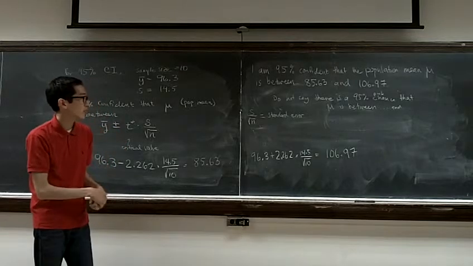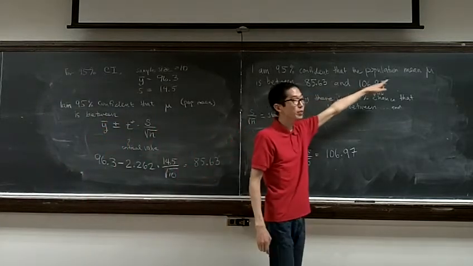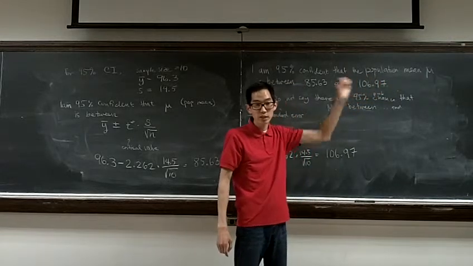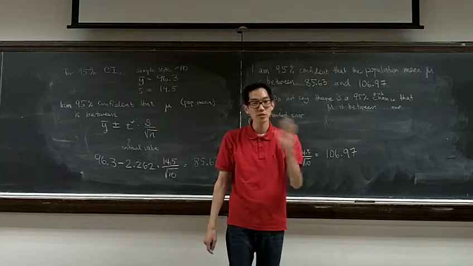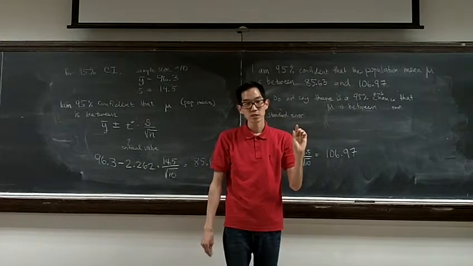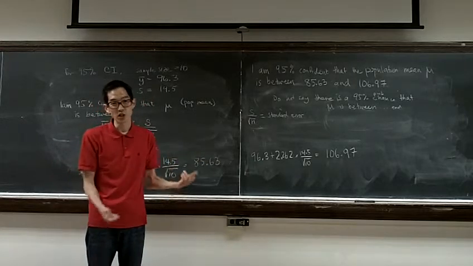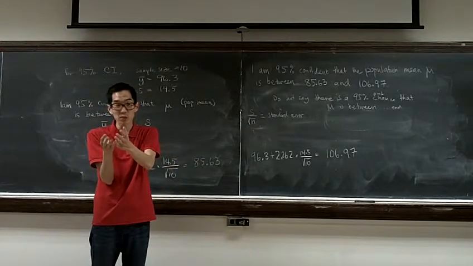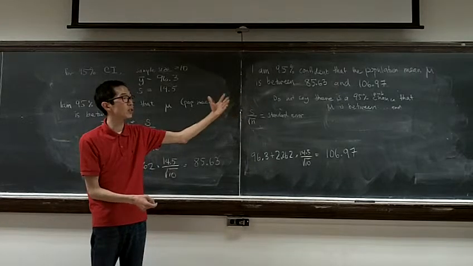And the way this works, we're treating mu, the population mean, as a fixed value. This is a property of the population. There's no uncertainty about it. The only thing that's uncertain and random is the sample we draw and the sample mean that we observe. But the actual mean mu of the population, there's no uncertainty about it.